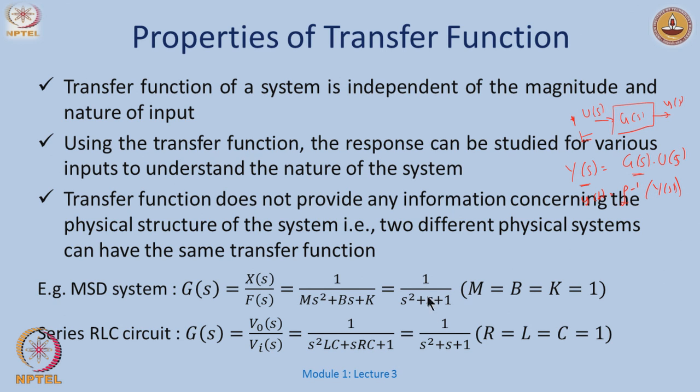Okay. So, these are the same transfer functions for two different systems. But therefore, if I just say 1 over s square plus s plus 1, it could mean more than one system. Physically, I could realize it as a mechanical system or even as an electrical system.